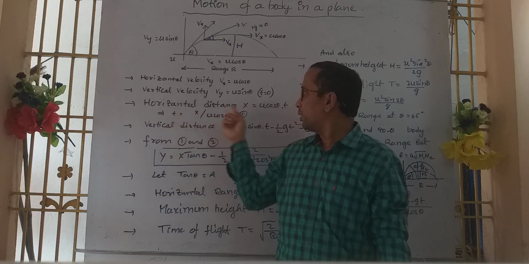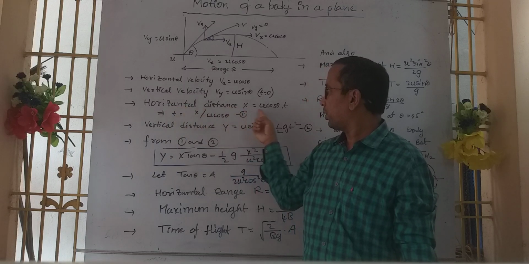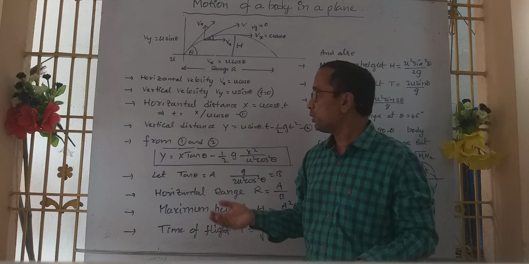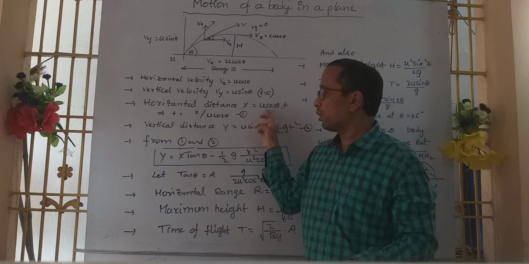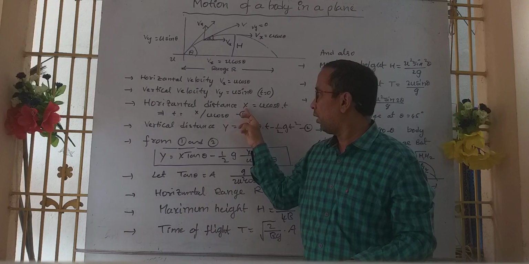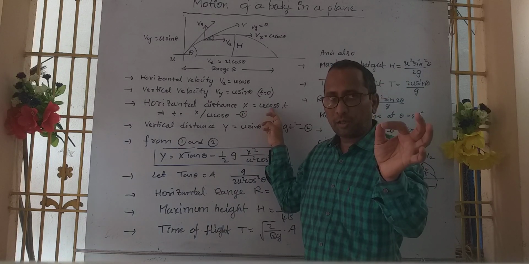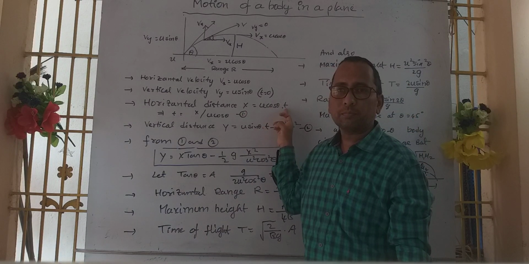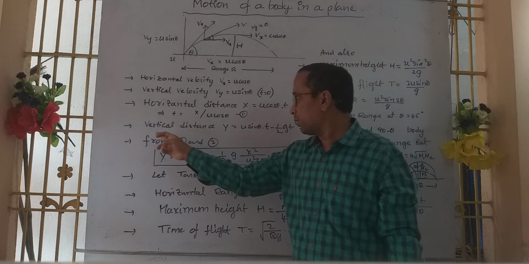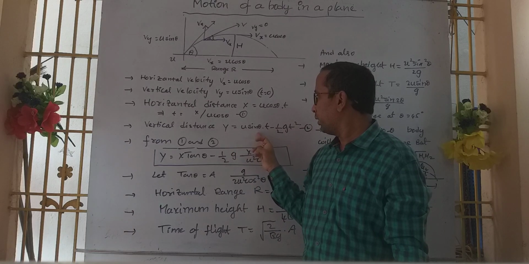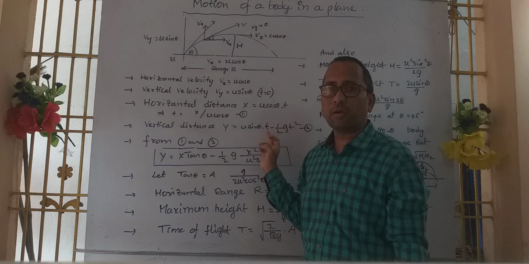Like this, horizontal distance x is equal to u cos theta into t. How can you say distance is equal to velocity into time? This is the horizontal distance, so you have to use horizontal velocity into time. In the same manner, vertical distance y is equal to u sin theta into t minus half g t square.